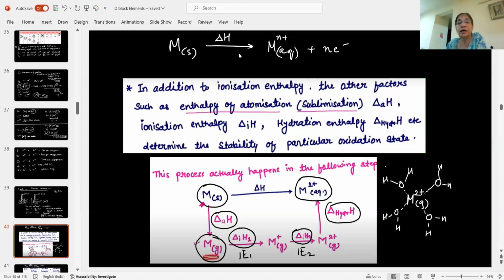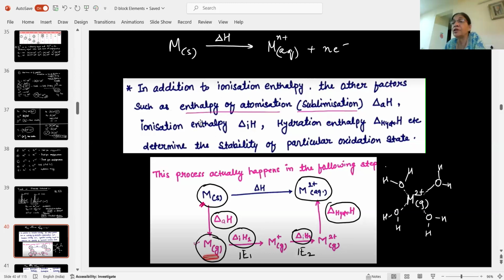This delta H is equal to a sum of several energies. One is the enthalpy of sublimation, because it is in solid state, so you have to give energy to change it into an isolated gaseous atom. That is the energy of atomization.